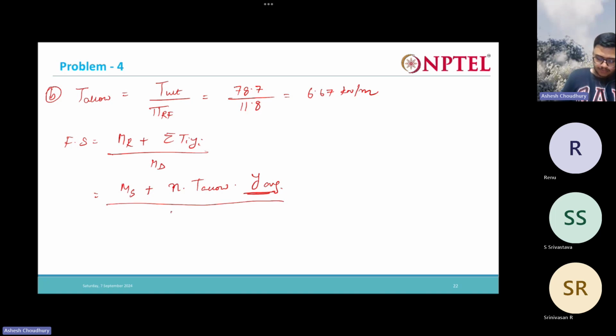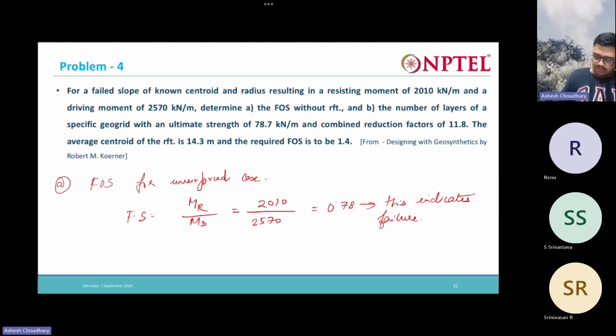T allowable and Y average are given in the question. Two 570.